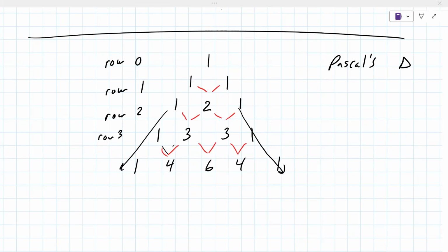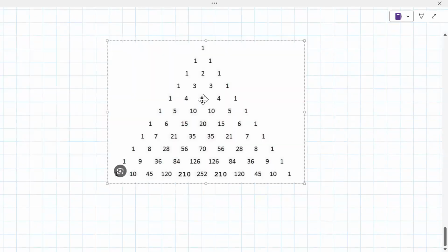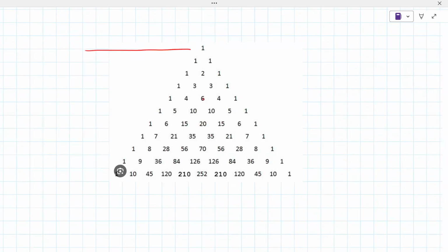I like just the numbers floating. I don't really like the ones where they have rectangles and boxes around them. But the key, and this is something I always have to remind myself, is that that's row 0. It's row 0, not row 1. That'll be important here in a moment.